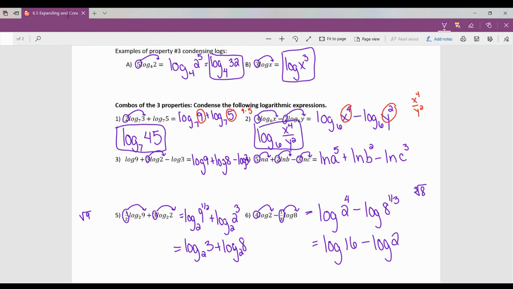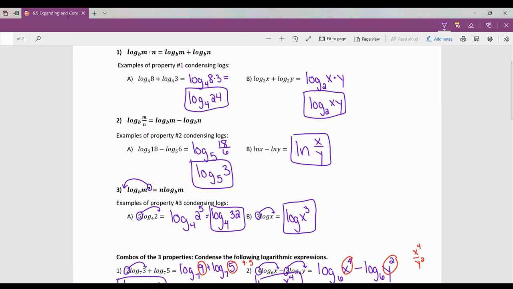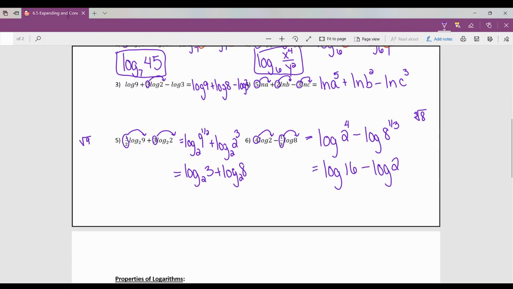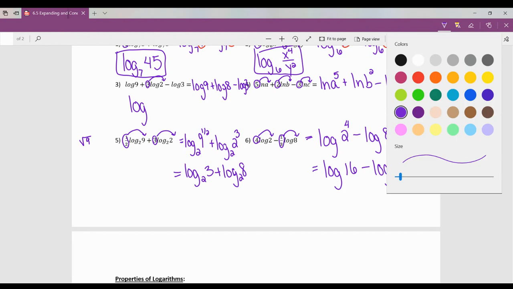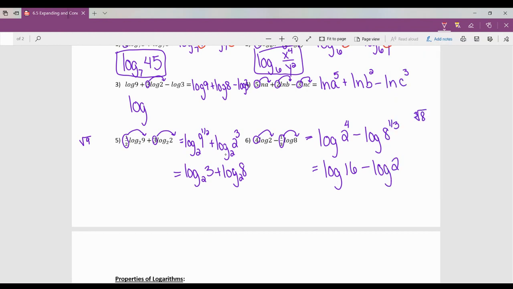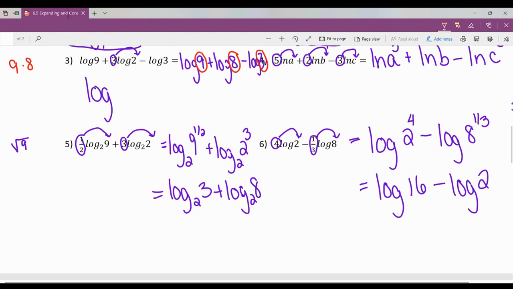Okay, now for this next one, we've got a couple steps. So we've got, just scrolled up, log. Okay, now we've got 3 things going on. 9, 8, 3. So we're going to work left to right. So we're going to do 9 times 8. Okay, that equals 72.